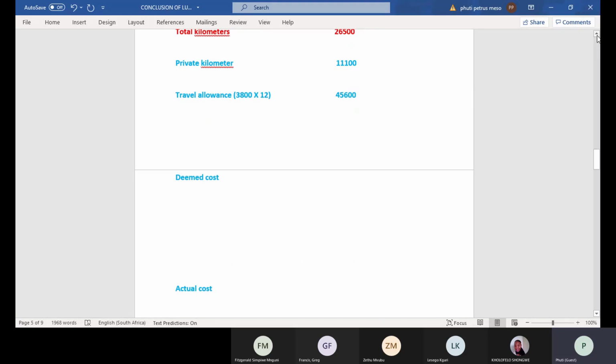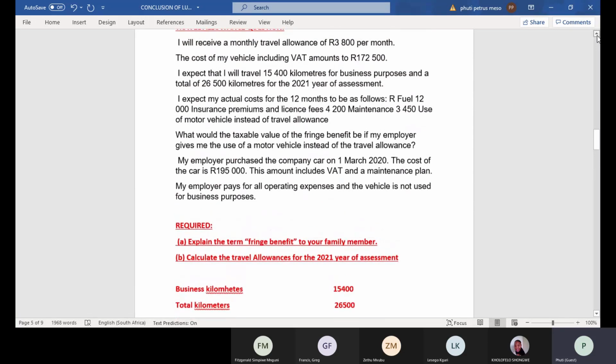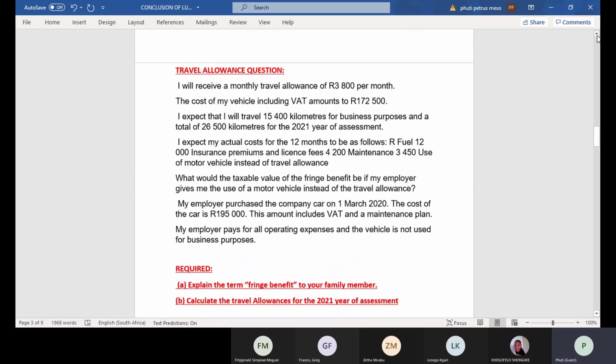Or sorry, your actual cost. We need to use the table to calculate the deemed cost. Sorry, who is this? It's Kulufelo. Okay, let's go ahead. What do we do?